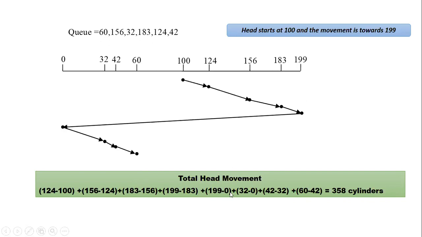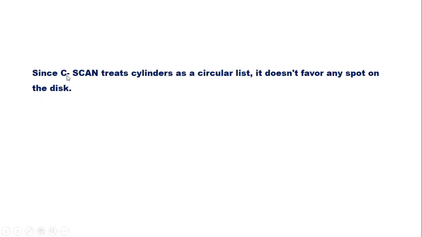So 199 minus 0, then 0 to 32, 32 minus 0, 32 to 42, 42 minus 32, 42 to 60, 60 minus 42. So the total of this is equal to 358. So the total head movement is 358 cylinders. Since C-scan treats cylinders as a circular list, it does not favor any spot on the disk.